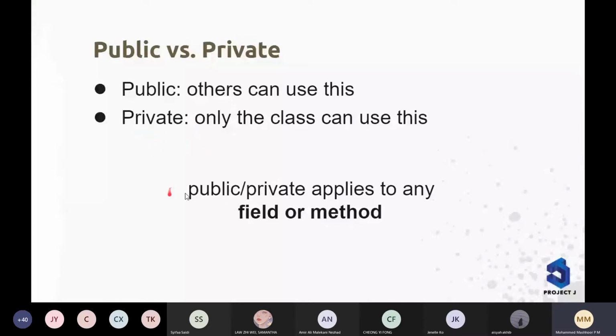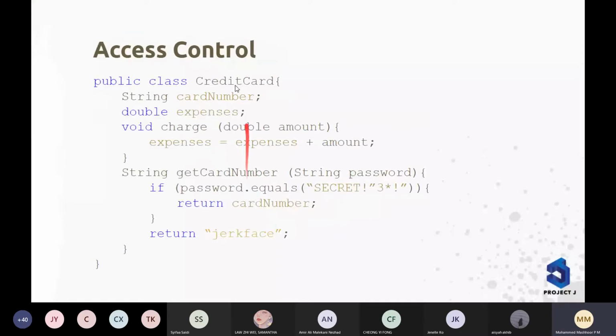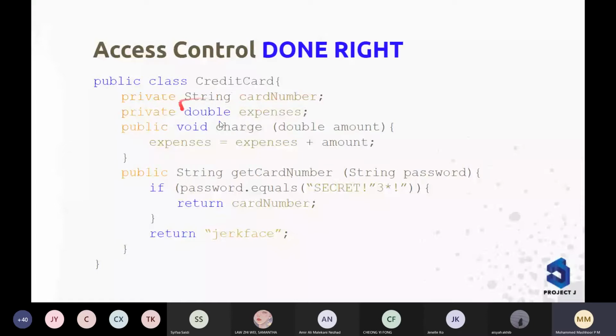All right. So as I told you, public and private apply to any field or method. Field means variables. As I previously told you in the previous program, these variables can be accessed in any other classes, right? So we are using the access specifier to restrict the access to these variables.